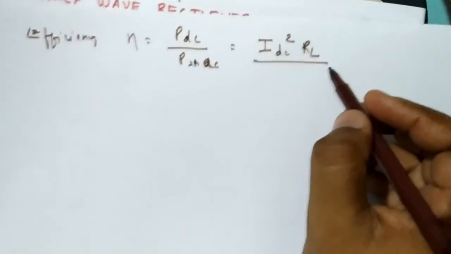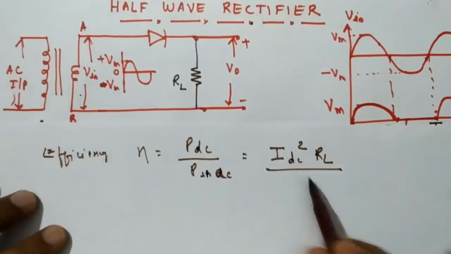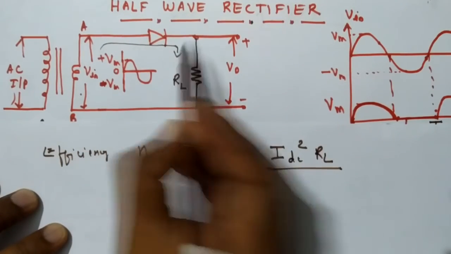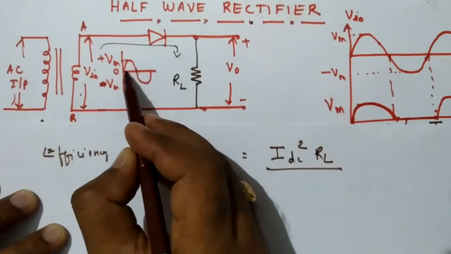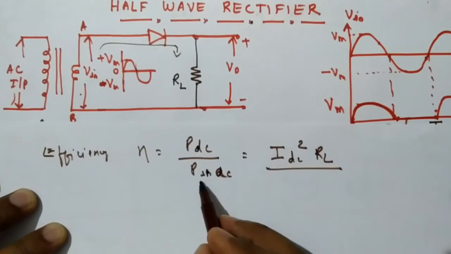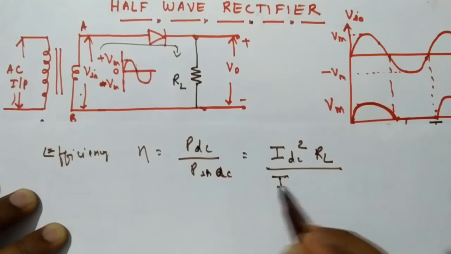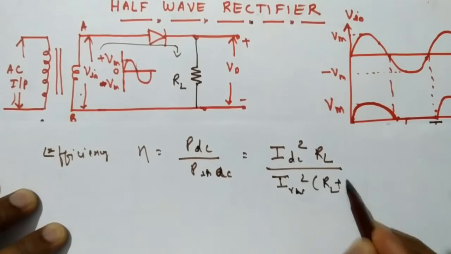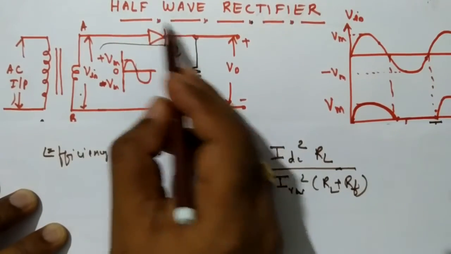In the case of a half wave rectifier, AC current flows like this. In the positive half cycle, this is the current. So the current flows like this. Therefore the input AC power will be I RMS square into RL plus RF, where RF is the resistance of the diode.